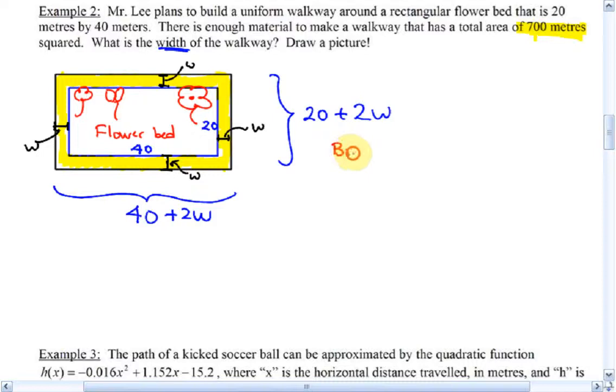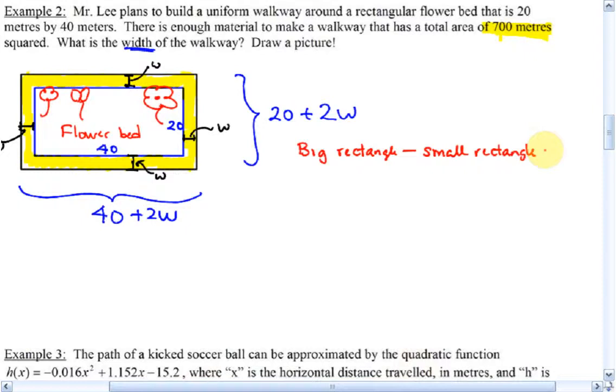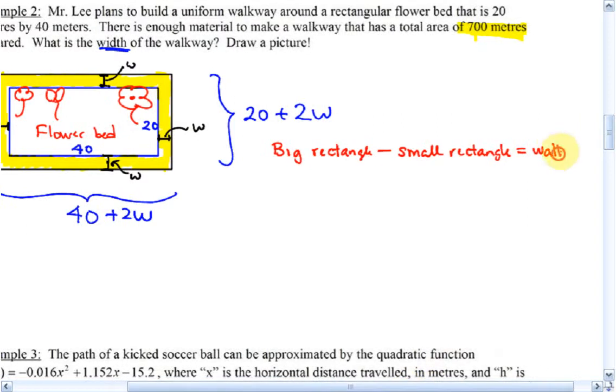The big rectangle minus the small rectangle is actually equal to the walkway, or the yellow stuff. By the way, don't write down yellow stuff on your test.